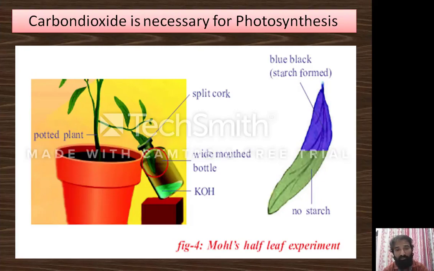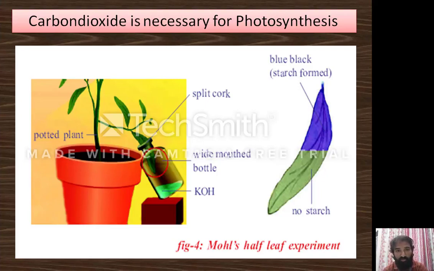Now coming to the procedure. First, take two potted plants named pot A and pot B. Please keep these two potted plants in a dark room for 3 days. Why do we keep pot A and pot B in the dark?